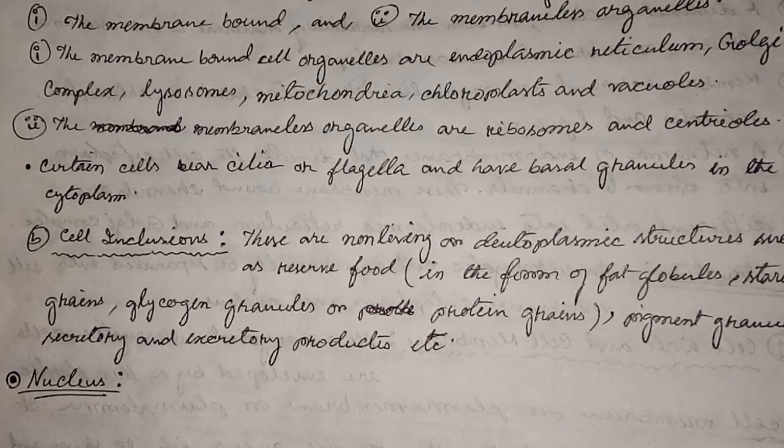It is a round or spherical body bounded by two membranes. Two membranes of nuclear envelope separated by intermembranous space. The nucleus contains jelly-like nucleoplasm or nuclear sap, having a network of chromatin threads that represent the hereditary material, DNA and protein. The chromatin condenses to form chromosomes during the cell division.